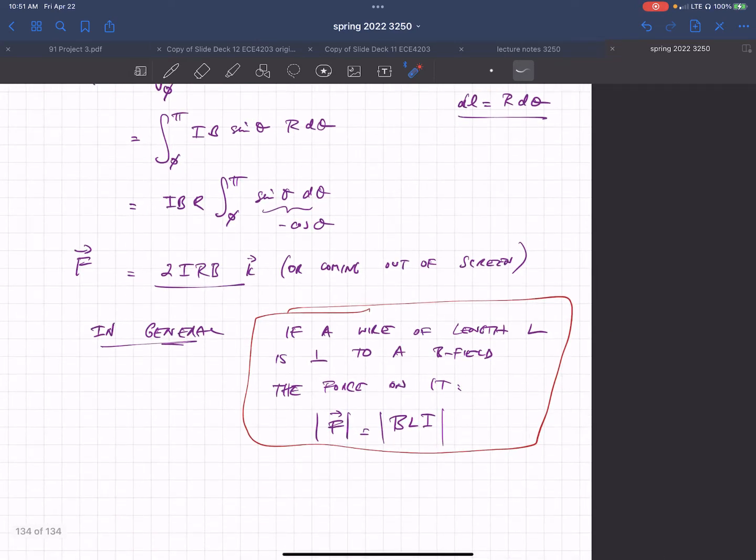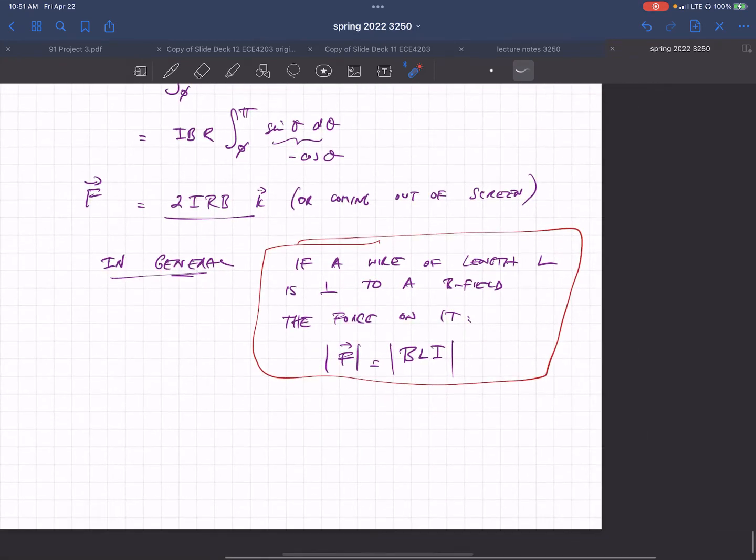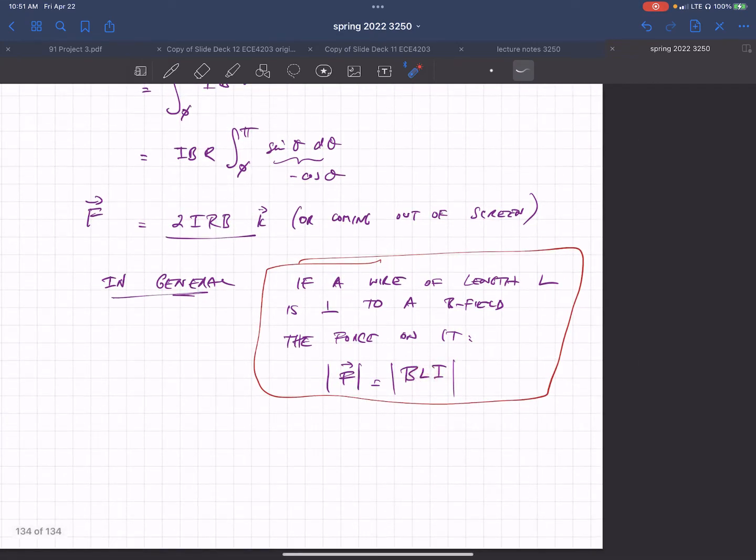So this 2R would be the length in B times I. In fact, it'd be the same even if you had a really funky wire. It'd be the equivalent length of the wire running perpendicular to the B field that you would use as the L here for calculating this force. But just remember this shorthand.